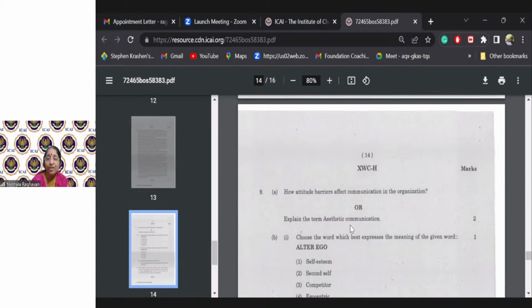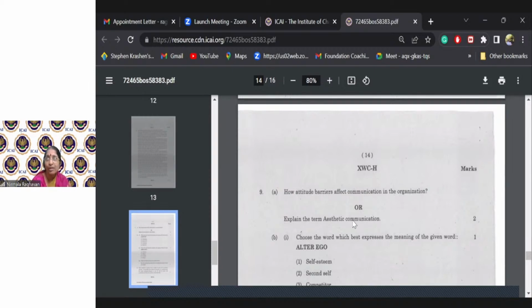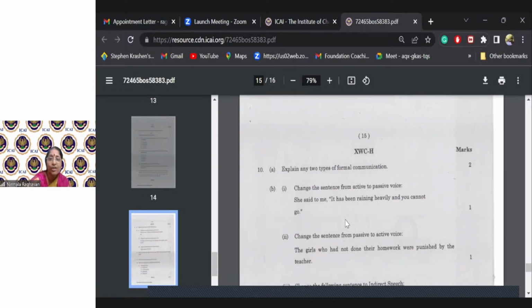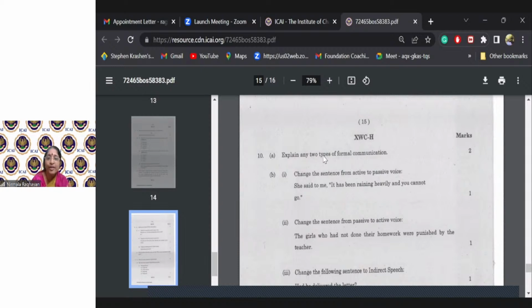Now, explain the term aesthetic communication. Anything that's beautiful is aesthetically pleasing. So music, dance, drama comes under aesthetic communication. Okay. Then, after the 5-mark question here, you get another one. Explain any 2 types of formal communication.